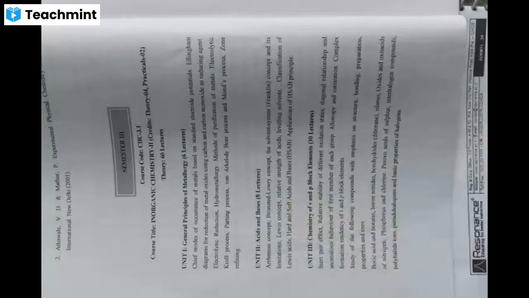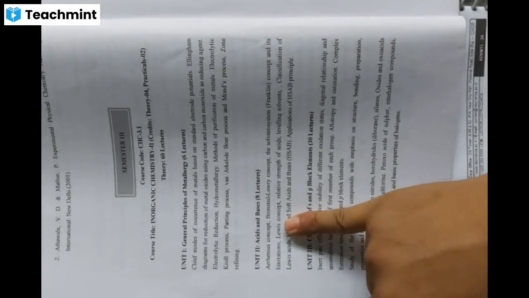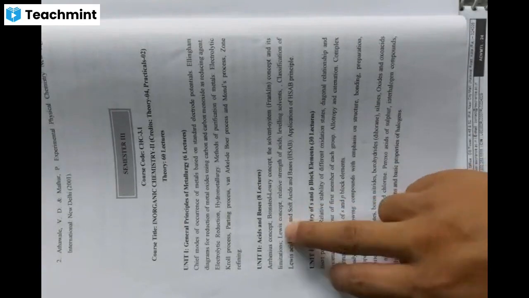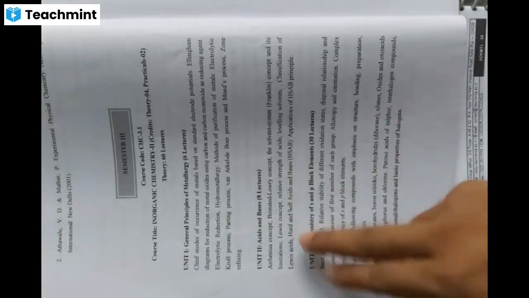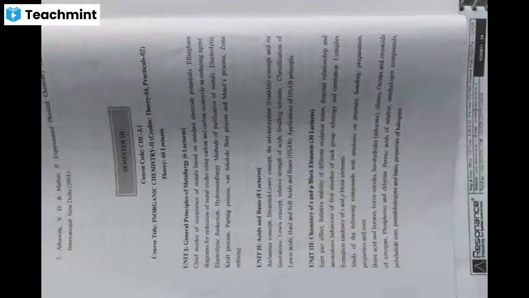Here we invoke the transfer of electrons. If a species accepts or donates a pair of electrons, we define it to be an acid or a base accordingly. And then we'll move on to the HSAB principle, parts of acids and bases.